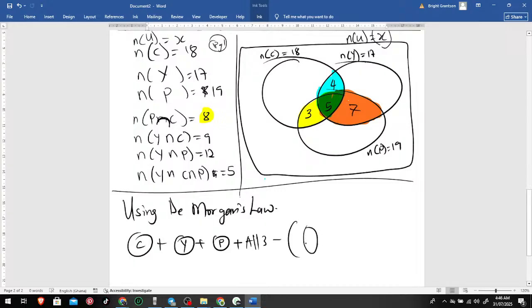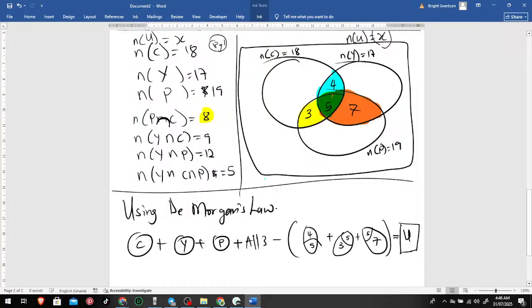So you see the two regions: we have 4 and 5, plus this region, 5 and 3, plus this region, 5 and 7, equals the universal set. Do you understand?